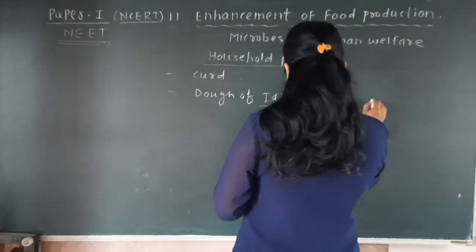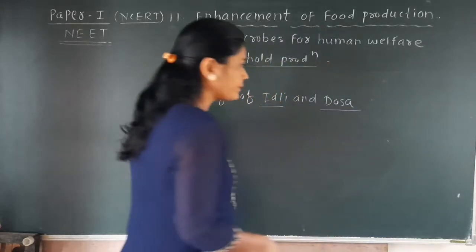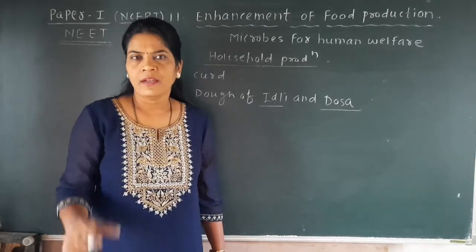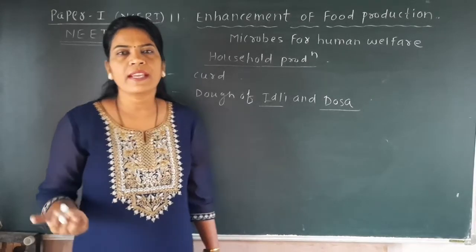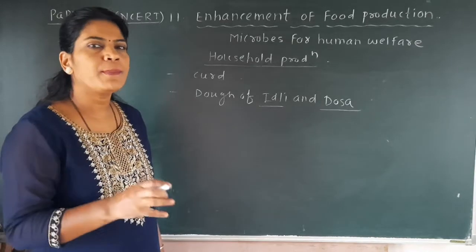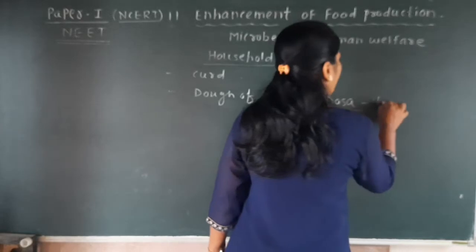Here they say that bacteria also ferment the food, by which we can prepare idli and dosa. So the dough which is prepared for making this food is due to the role of the bacteria.